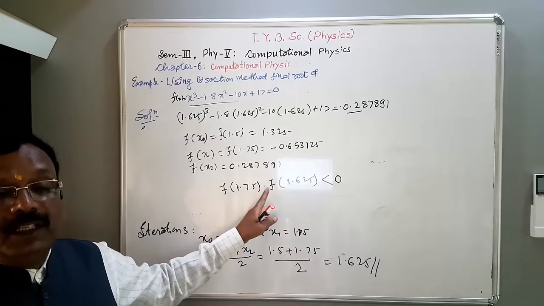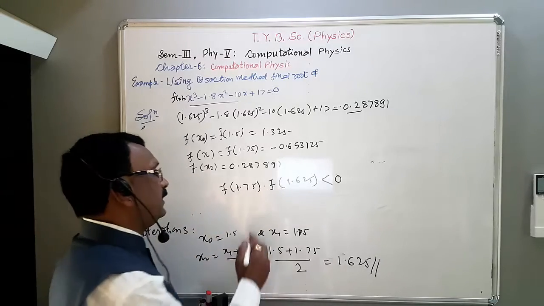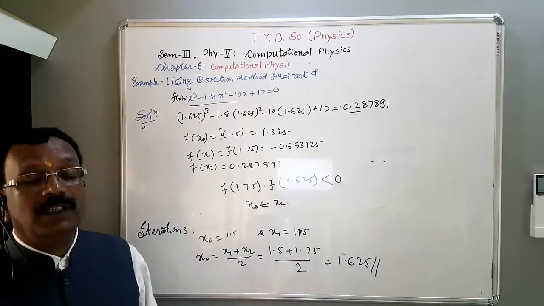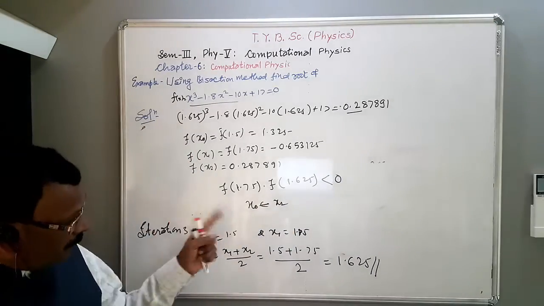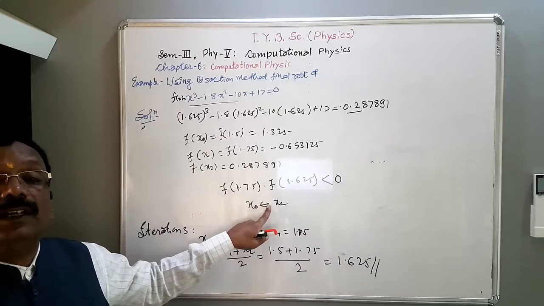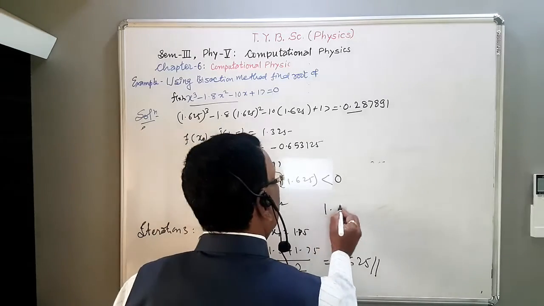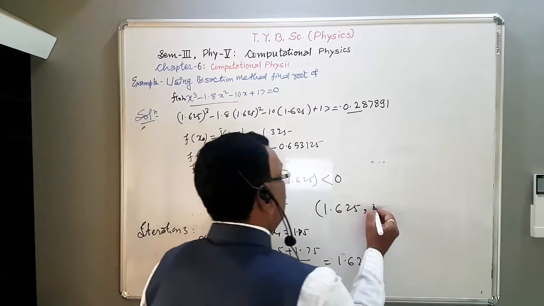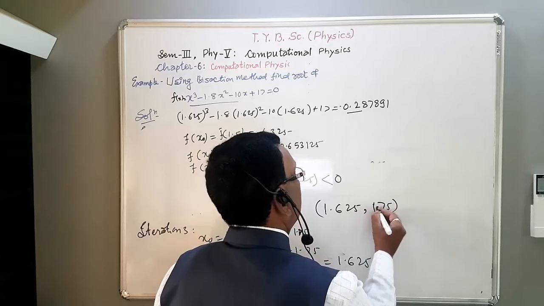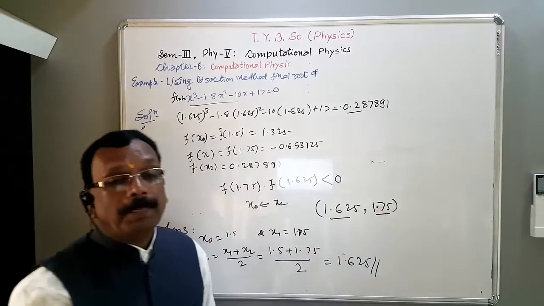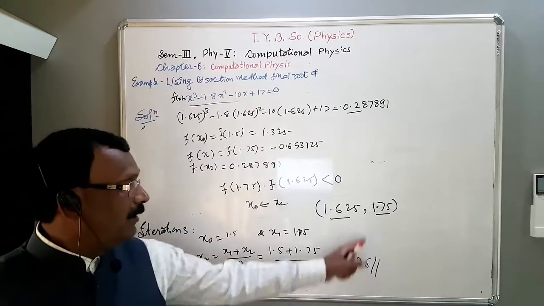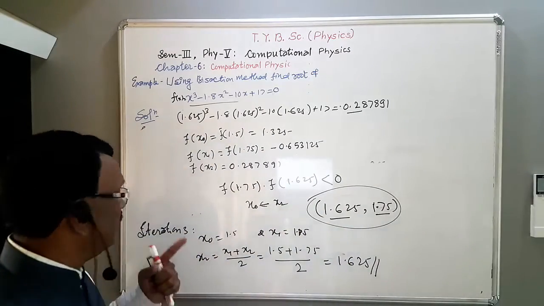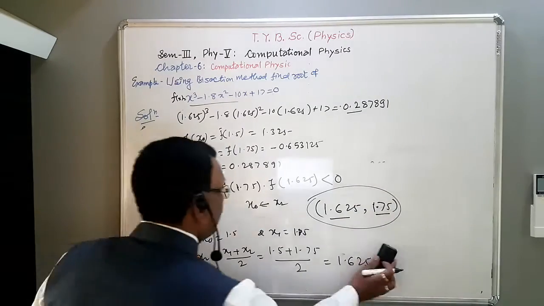Therefore, what we have to do is replace x0 by x2, and from this we can say that the root lies between 1.625 and 1.75. This is x0 and this is x1.